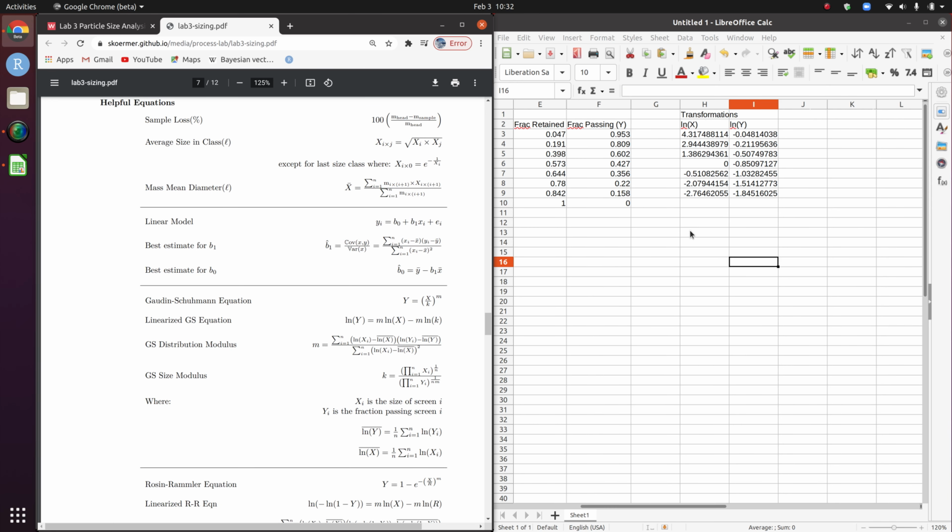So we can do this in Excel pretty easily. And you could see that that's what this equation ends up being. So for our fitting constants, I'm just going to put GS here, and we're going to find m and k. So for m, we need to use the function in Excel COVARIANCE.S. That's the covariance of our sample. And our so-called x is this ln of x.